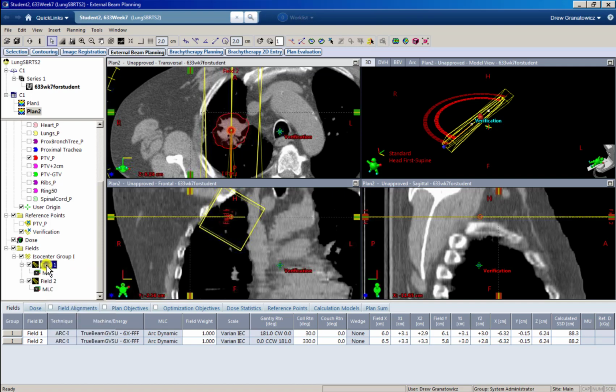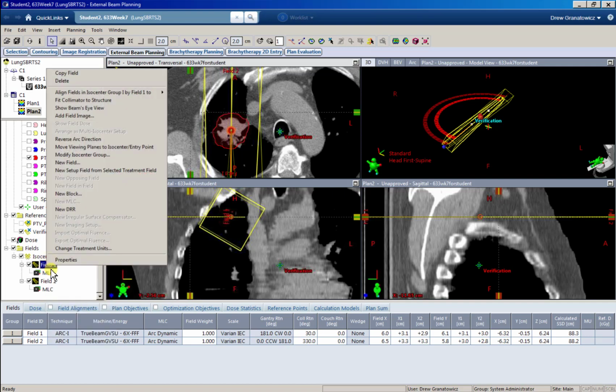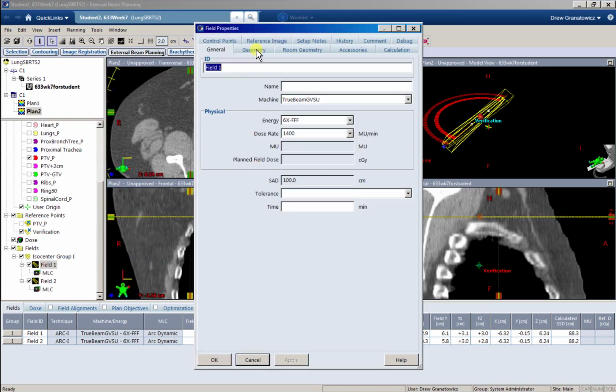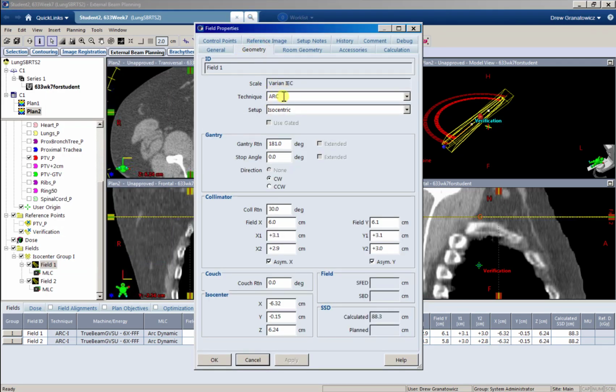Next, I'm going to come in my fields. Our prescription that we're going to use today is 1000 centigray times 5 fractions. Since we're using 1000 centigray per day, our MUs are going to probably be higher. And most of the time, there's a limit set on the technique of arc. So we're going to change it to SRS arc, which just ups that MU limit.